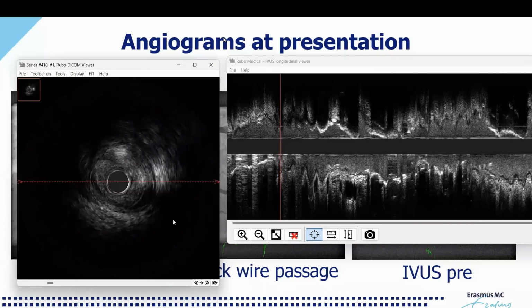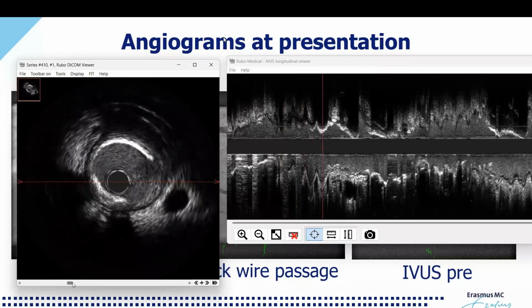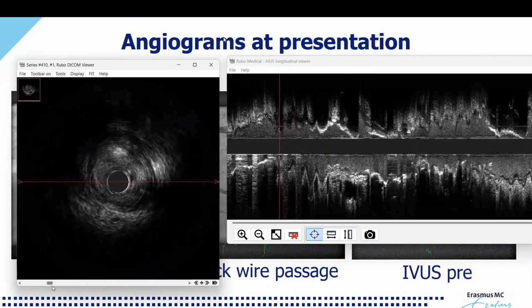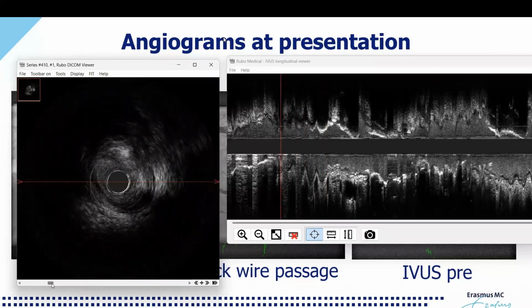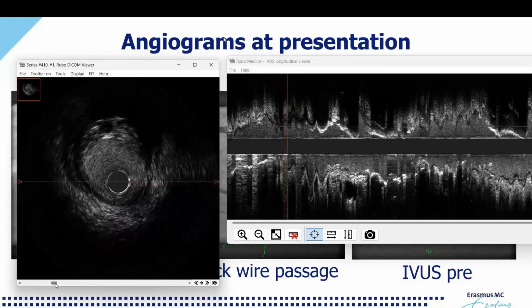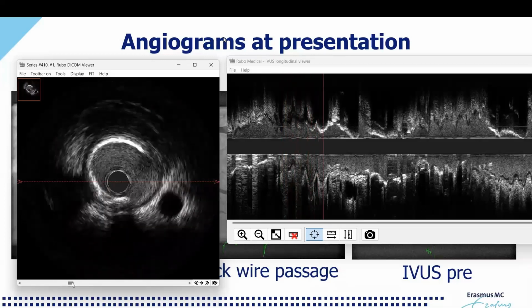So this may be a point of interest, 2.37, just to keep that in mind. Here immediately we have a larger lumen, so I think that is merely thrombus, what we see more distal from the old stents.